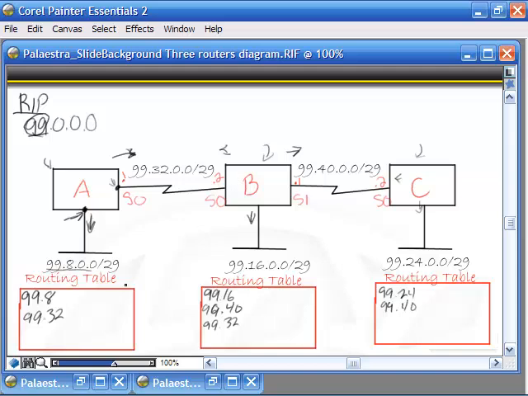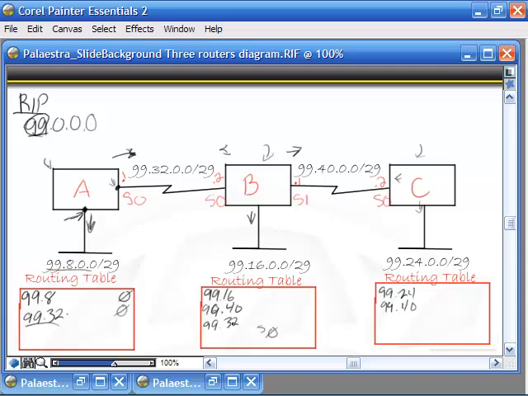Router B looks at that information, and router B uses a metric called hop count. Router B goes, okay, I'm getting some information and it's coming in through my serial 0 interface. Let me see what this information says. It says 99.32.0.0, and that next hop router has a cost of 0.